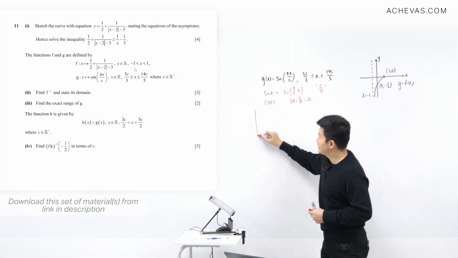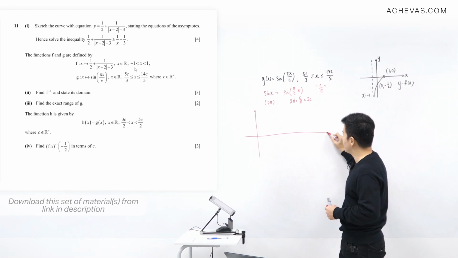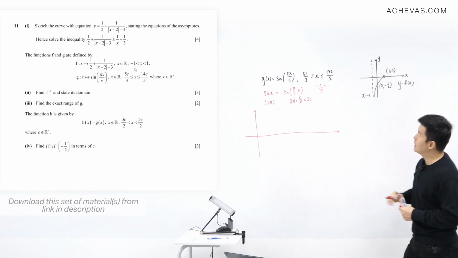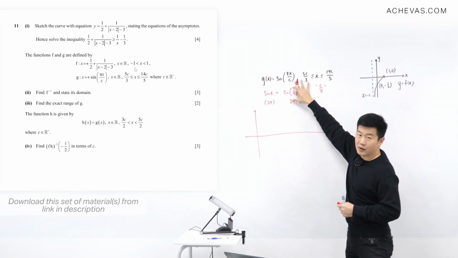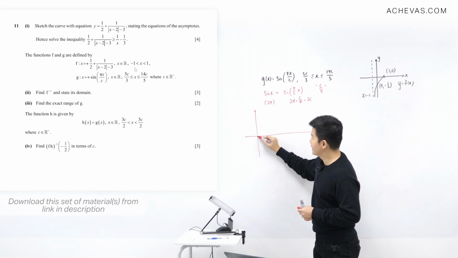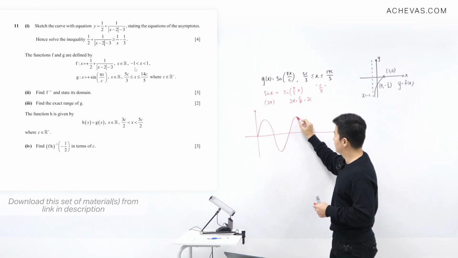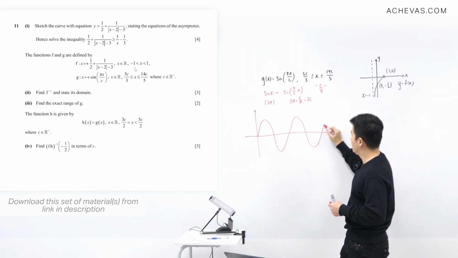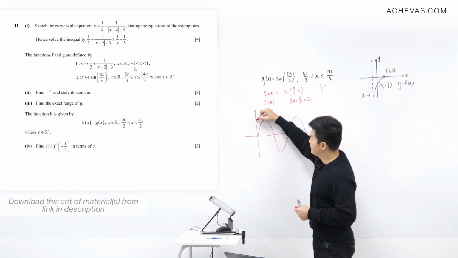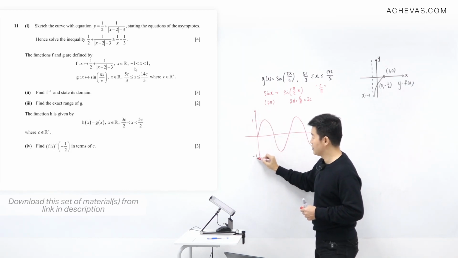If I sketch the graph as a general sine graph first, I think it is going to be easier. Knowing that the input into the graph is always going to be positive, I'm going to start from 0. So a sine graph will typically look like this, and so on. The maximum possible value here is 1, and the minimum possible value is minus 1.